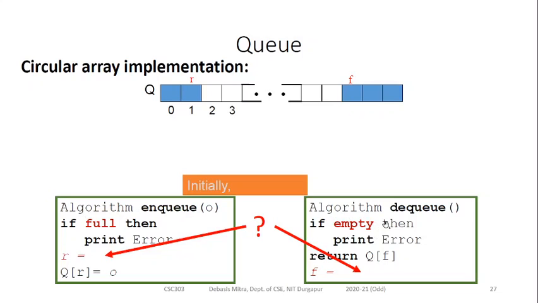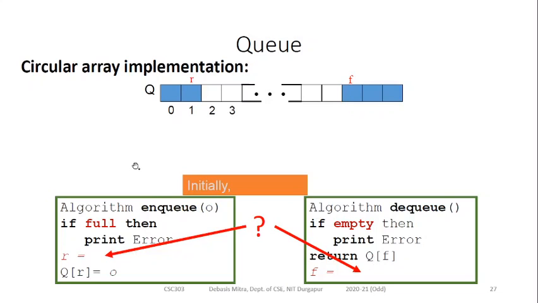Different expressions may be needed to represent full and empty, and obviously the initial condition of initialization of F and R may be different. I don't know, maybe same also. So these three things we need to take care of. Since it is an array implementation, the structure will remain the same, but the actual expressions may vary. So let us look at that.